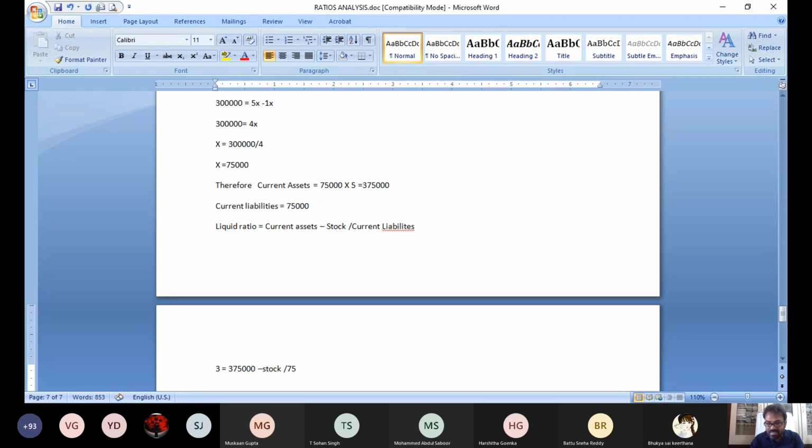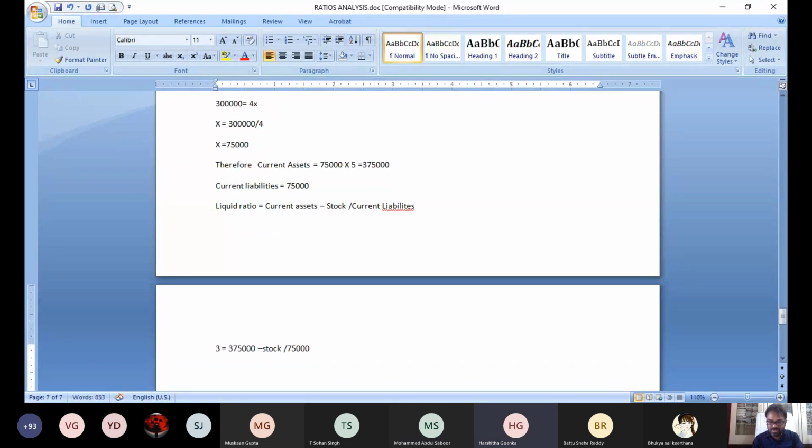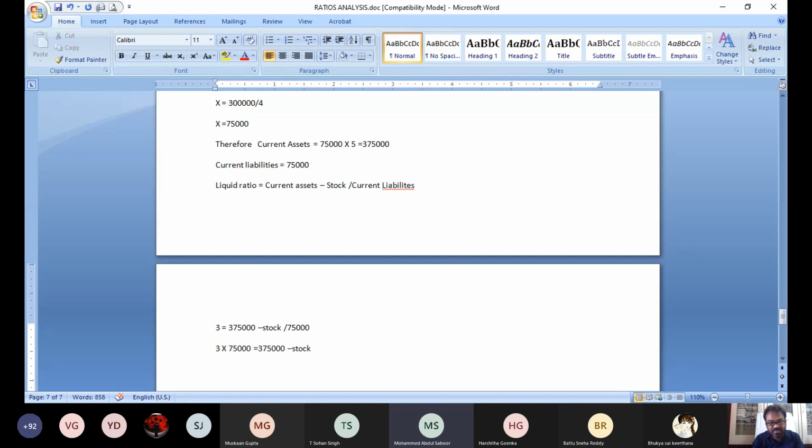What are the current liabilities? 75,000. So therefore 3 into 75,000 is equal to 2,25,000.